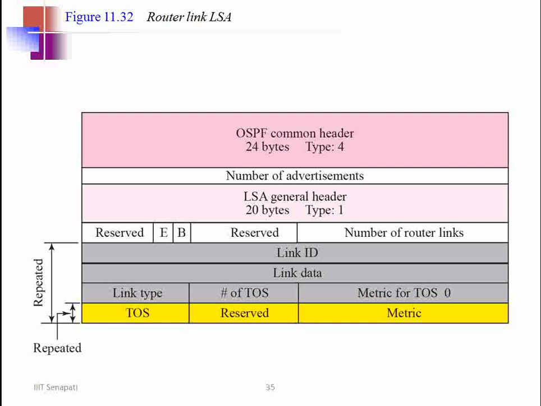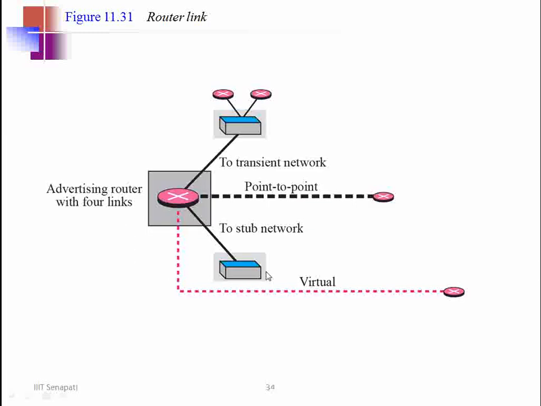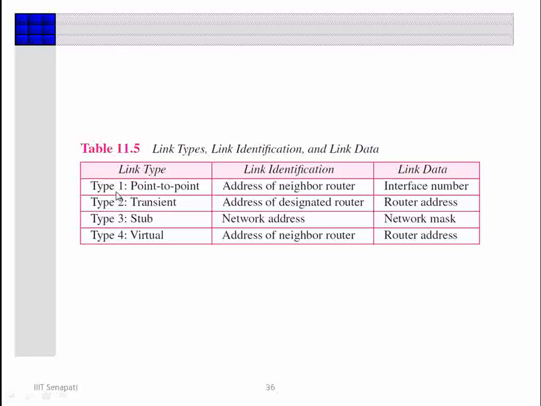So here the value of the link ID field will actually depend on the type of link. Actually the type of link can be any of the 4 we have seen here, right? So if it is point to point, the link identification will be the address of the neighbor router.